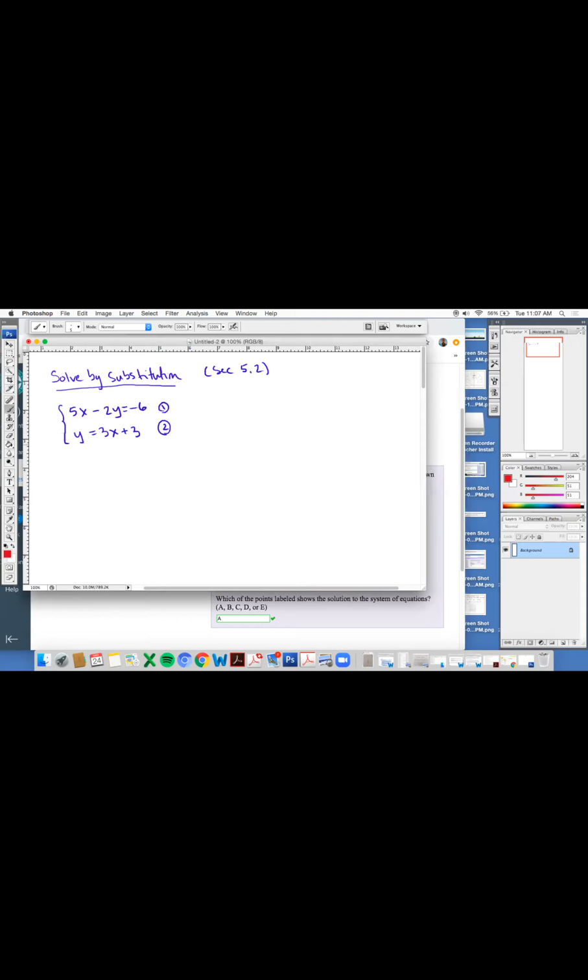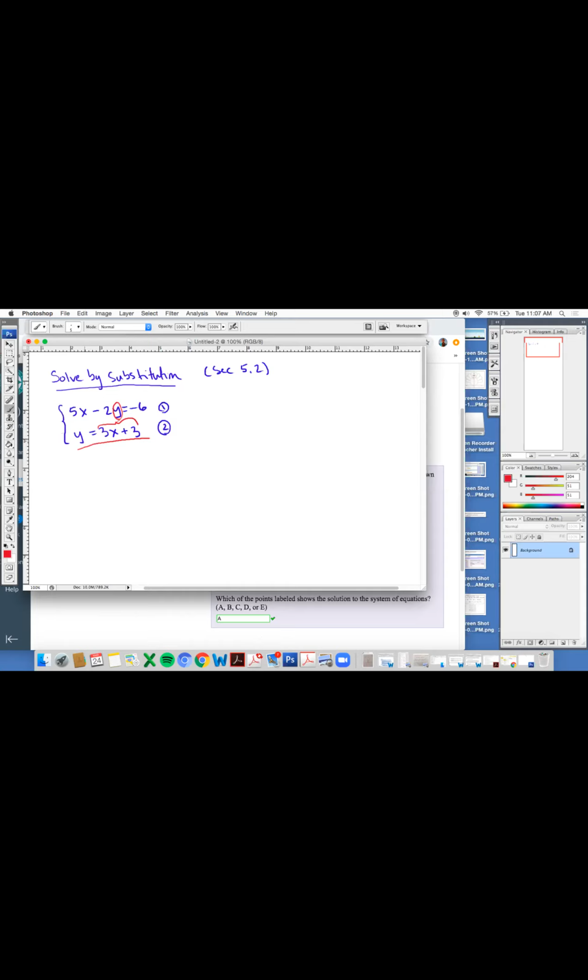You're going to pick the equation that's already solved for either y or x. My second equation here is solved for y. It says y equals 3x plus 3. So this will get plugged into the y part in my first equation.